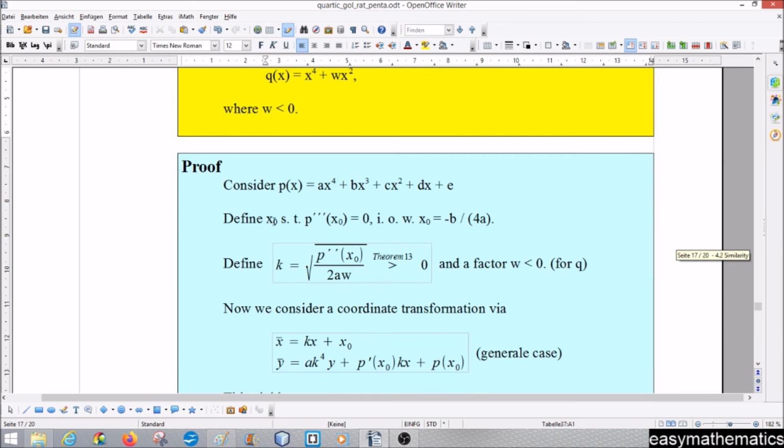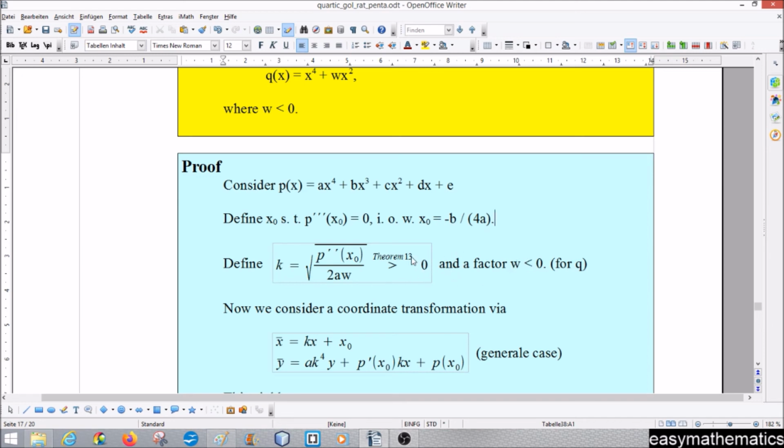We define x0 such that the third derivative at x0 is 0. In other words, x0 is minus b over 4a. Okay? Then we define a k via the square root of the second derivative evaluated at x0 over 2 times a times w, where w is negative.